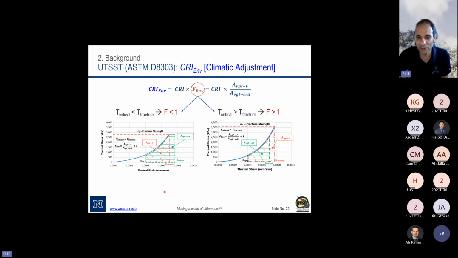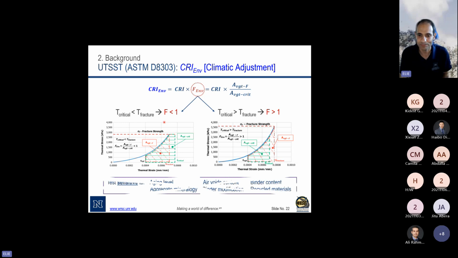Now, if your fracture strain is exceeding your critical strain, your climate factor is going to be greater than 1. If your fracture strain is less than your critical strain, then your factor is going to be less than 1. So now I'm adjusting the mix property based on the climate where I'm going to be using that mix.